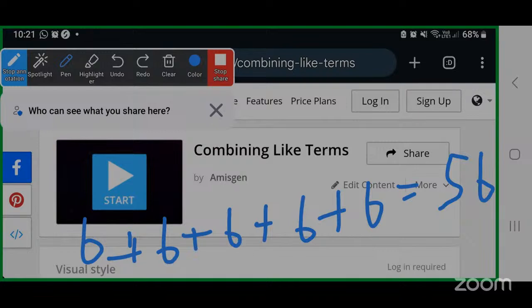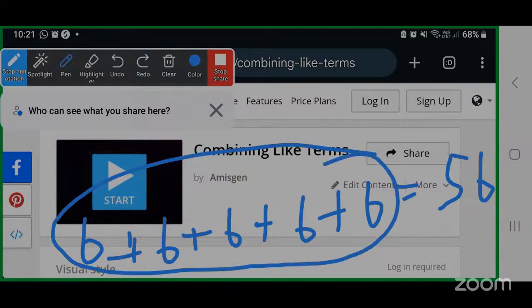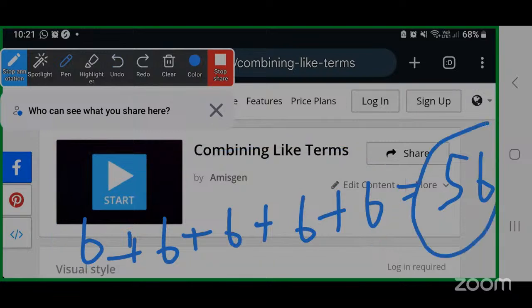So we're collecting them and grouping them. So all of this idea of the 5 amounts of b is simplified in just 5b, aka 5 times b, aka this 5b means I've got 5 of whatever b is.